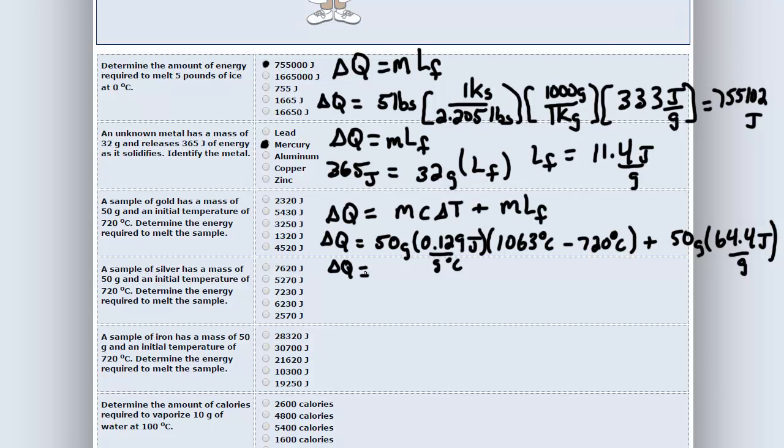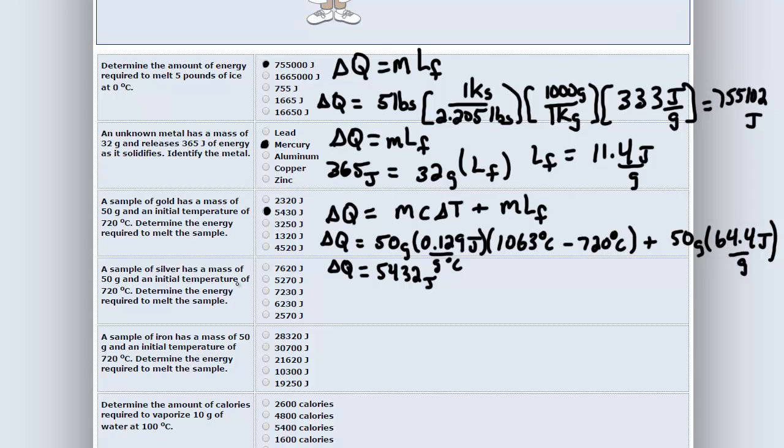We're going to get 50 times 0.129 times the quantity 1063 minus 720, and then add 50 times 64.4, and we're going to get 5432, and the units are joules. So we have 5430 joules.